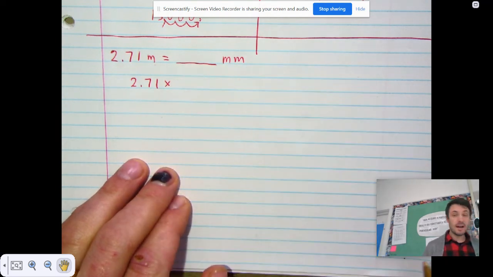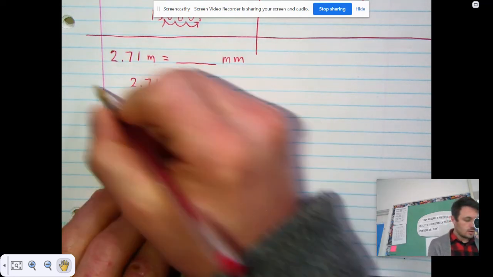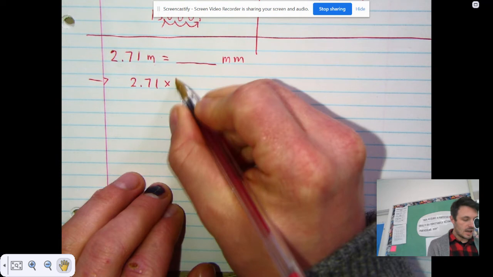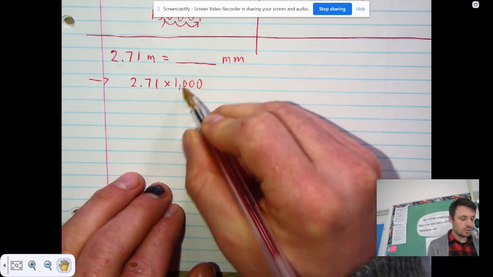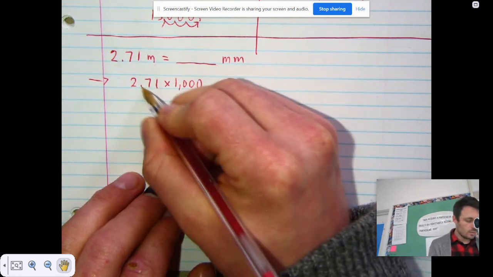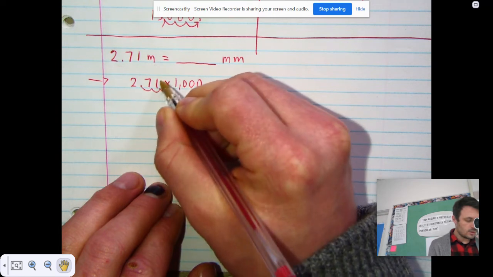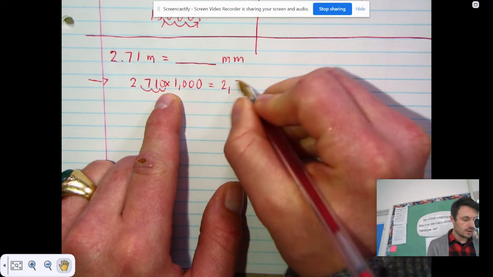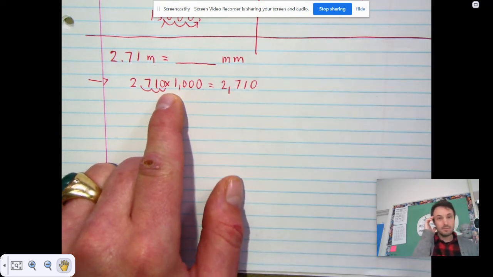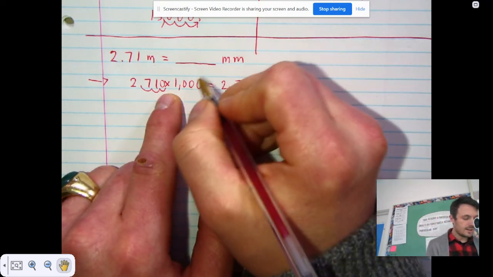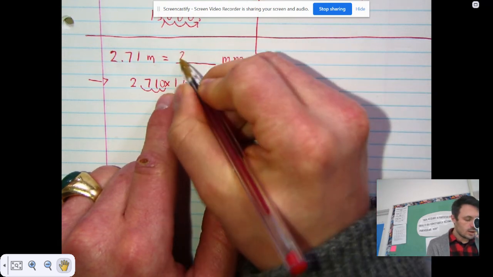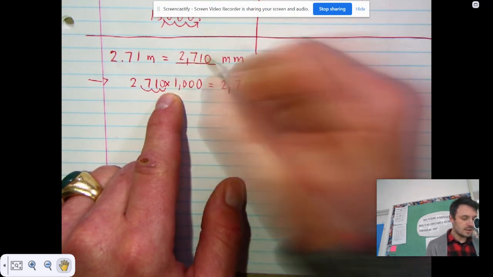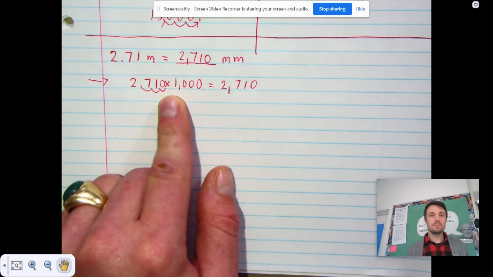And we multiply by 1,000. So that means we're going to move the decimal point over to the right this way 3 times, because we're multiplying by 1,000, and there's 1, 2, 3 zeros in 1,000. 1, 2, 3. Put a 0 in the empty pocket so we can see the answer is 2,710. So 2 71/100 meters is 2,710 millimeters.